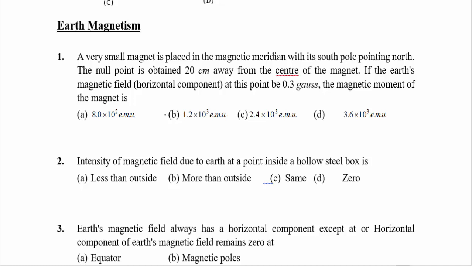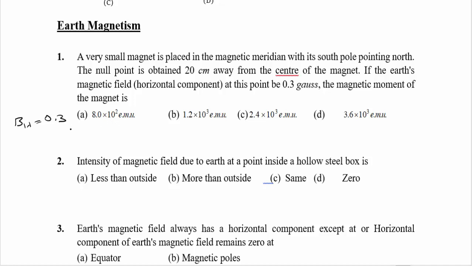Now the null point is obtained 20 cm away from the center of the magnet. If the Earth's magnetic field at this point, the horizontal component BH, is given as 0.3 Gauss in CGS units, the magnetic moment of the magnet is?